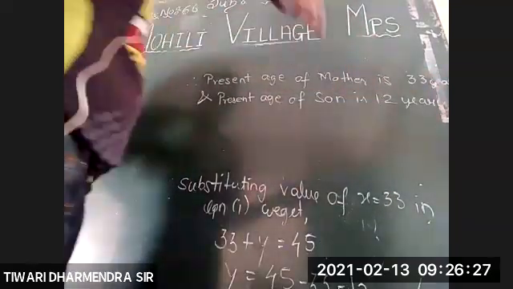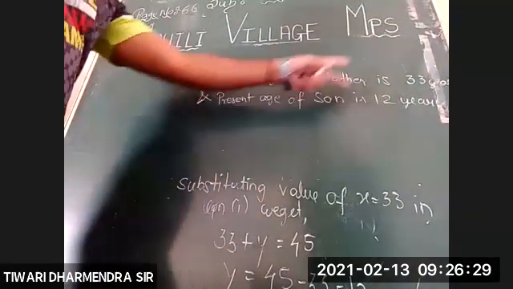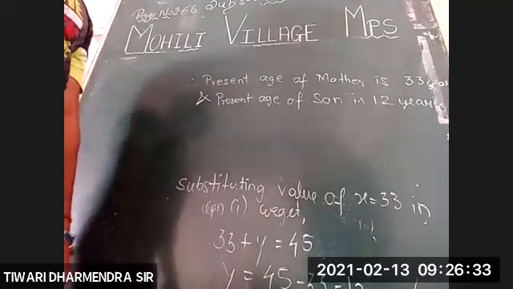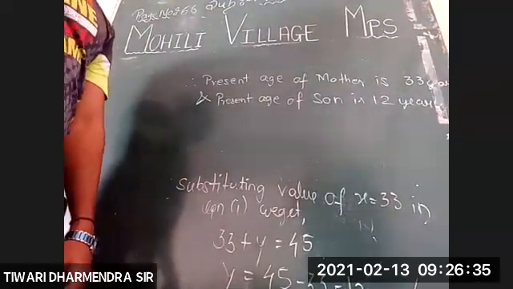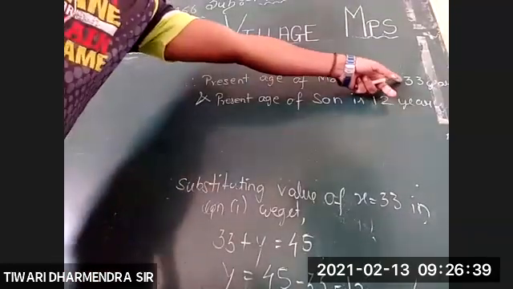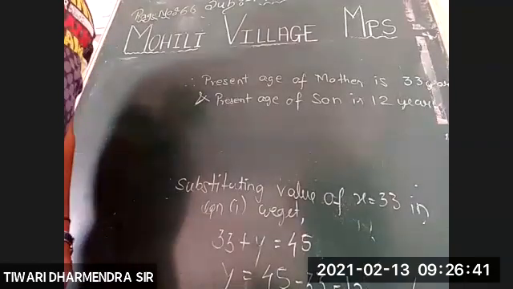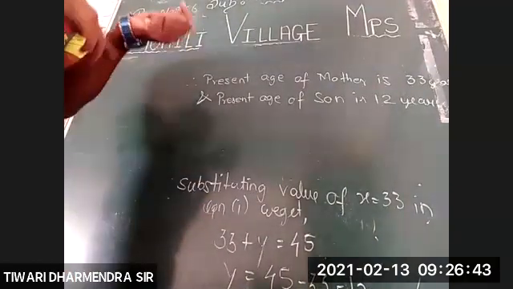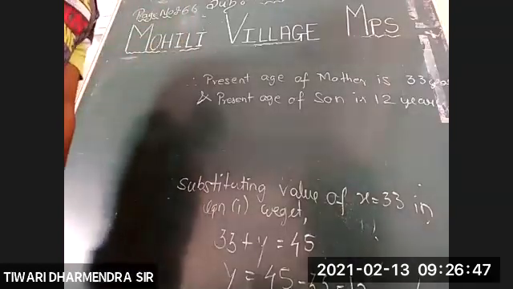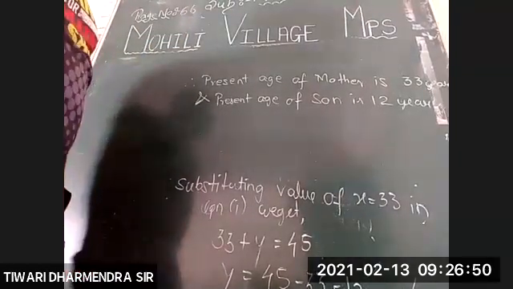You can see, you can put this value in the framed equation. You will get the required right hand side, means x plus y equal to 45. Yes, two numbers, 33 plus 12 gives me 45. And the second condition was 2 times 33 minus 12 gives me 54.